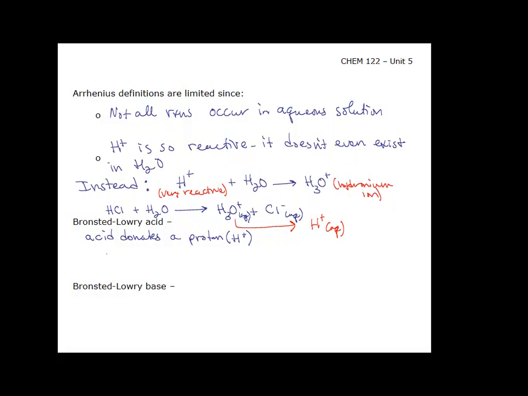So if you look at this acid reaction, ammonium plus water, the products are NH3 and H3O+.